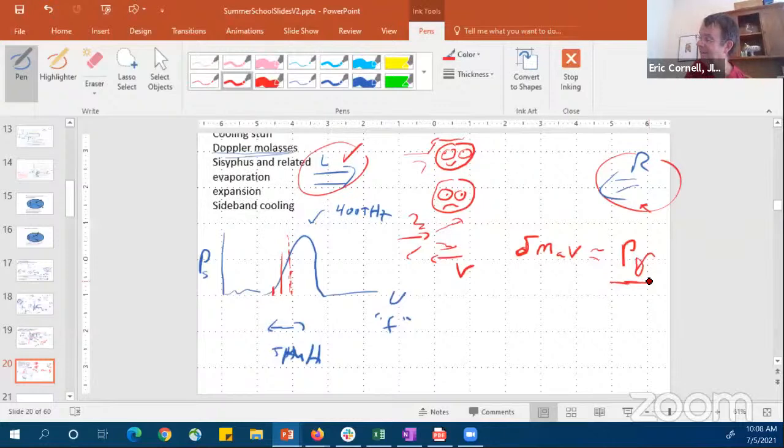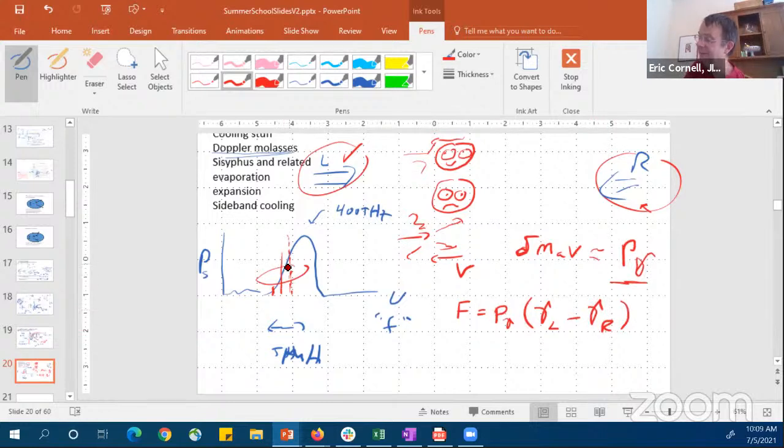And so in the limit of relatively low velocities, you can linearize this, and there's a force on the atom which is equal to the momentum of a single photon times the scattering rate from the photon from the left minus the scattering rate of the photon from the right.